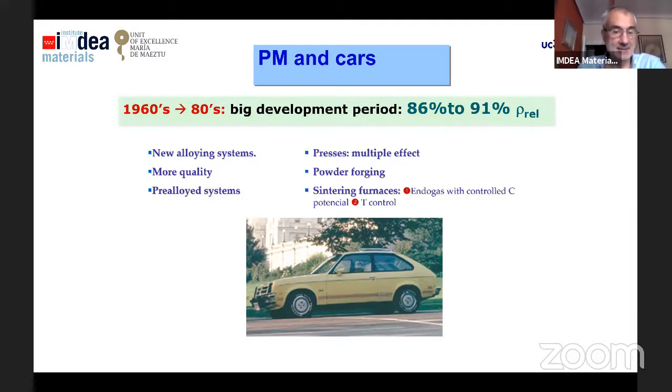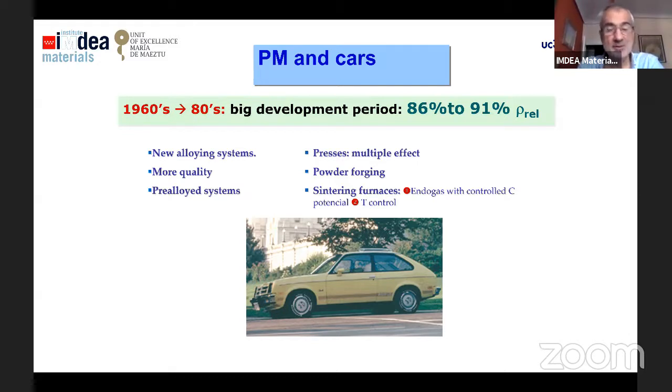Between the 60s and the 80s was the big development period, in which the density of the materials increased a lot, from 80% to 91%. A lot of new things were introduced, like new alloying systems and pre-alloying as a way to introduce the alloying elements.